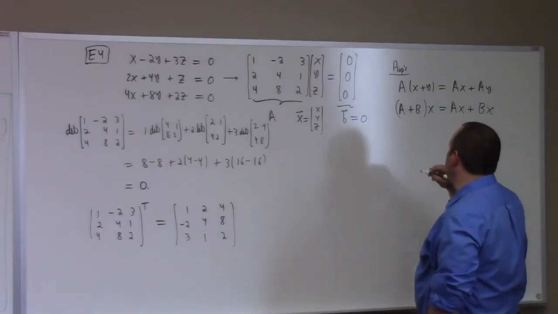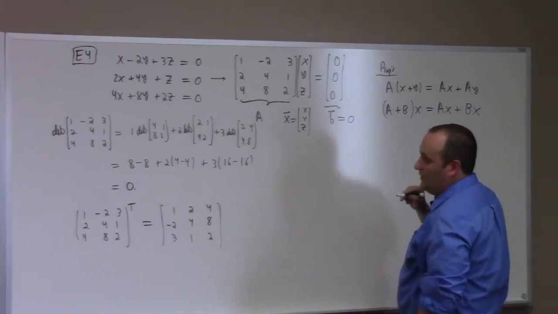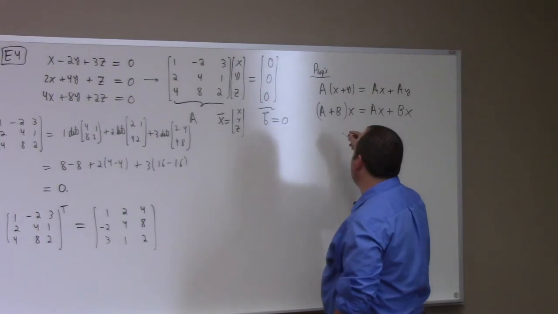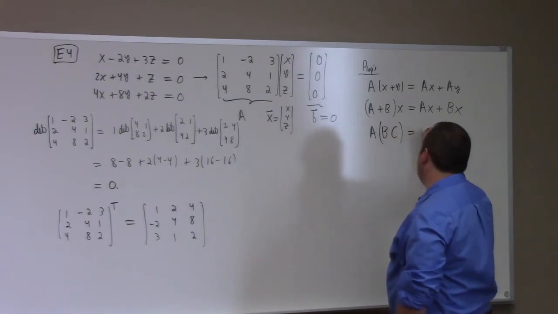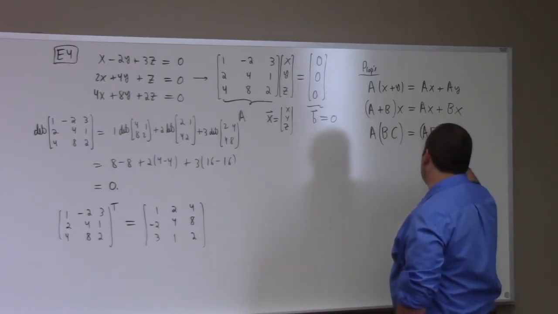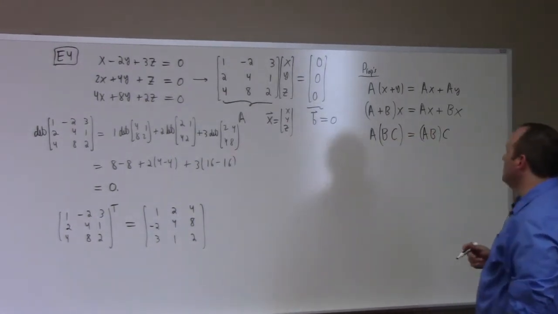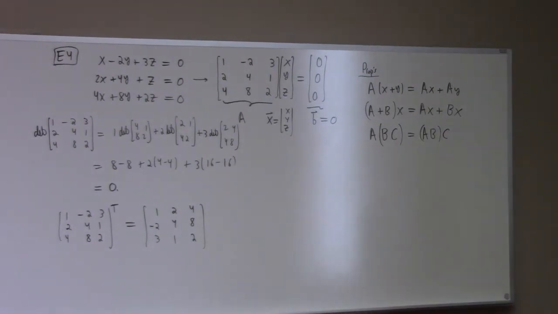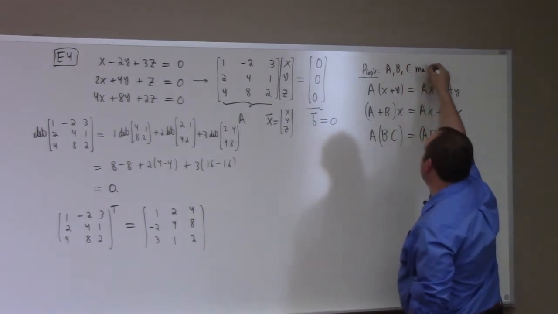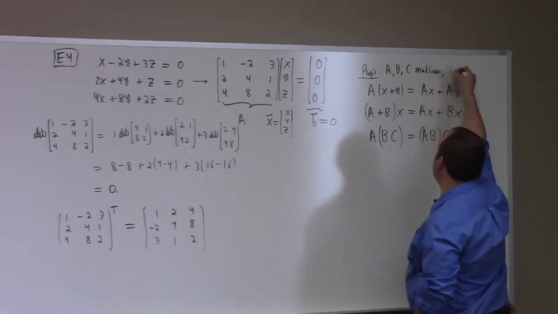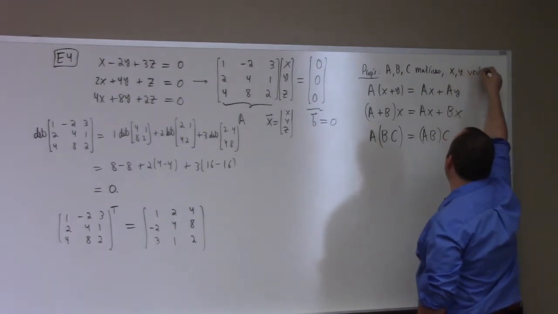Let's see here, what else? There's actually a way we can multiply matrices. We'll get to that in a second here. If I have the product of two matrices, actually product of three matrices, matrix multiplication is associative. So here I have A, B, C matrices, and X, Y vectors.